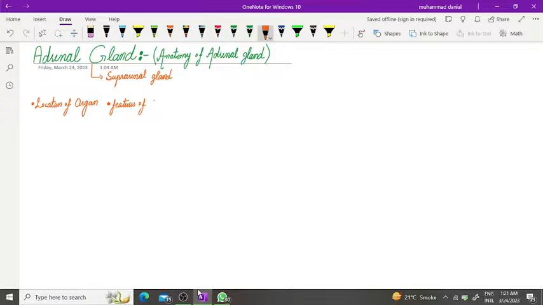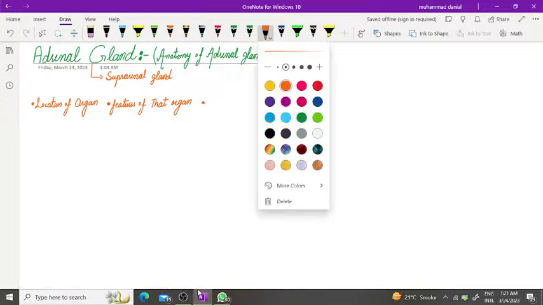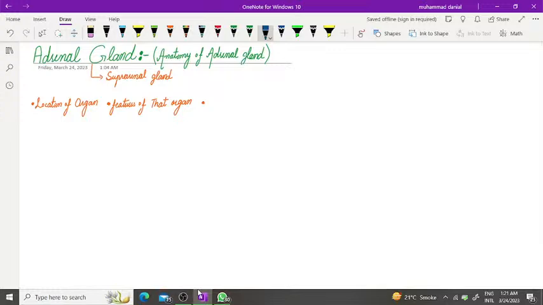Then the relations of that organ, meaning which organs are present around it: at the superior side, inferior side, anterior side, posterior side, left, and right. So that is the relations of that organ.